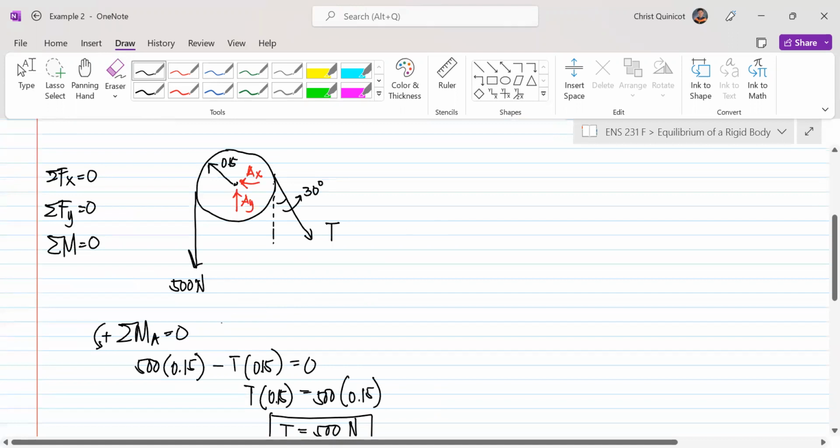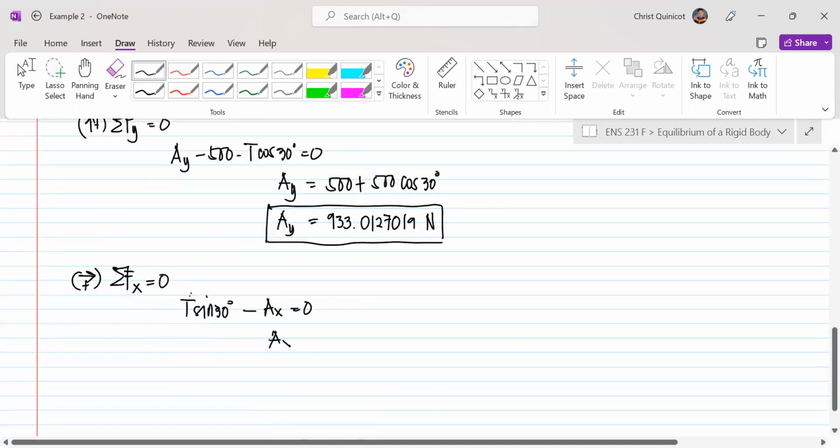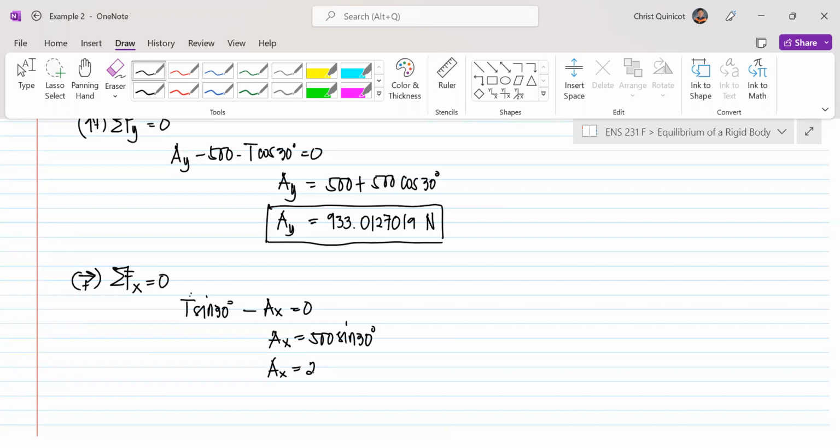So therefore, A sub x is equal to 500 sine 30 degrees. So A sub x is equal to 250 Newtons.